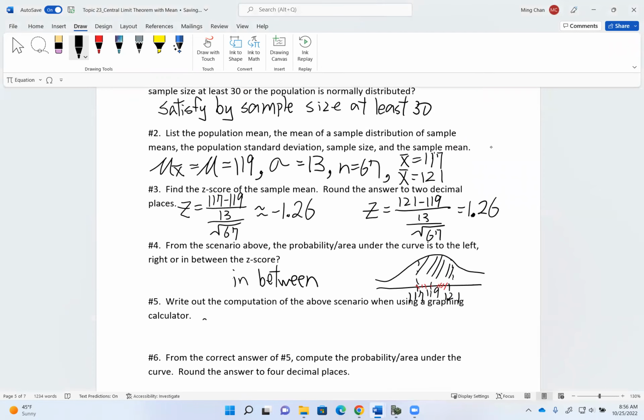All right, so normal CDF, I'm looking for the area in between: negative 1.26, 1.26, comma 0, comma 1.